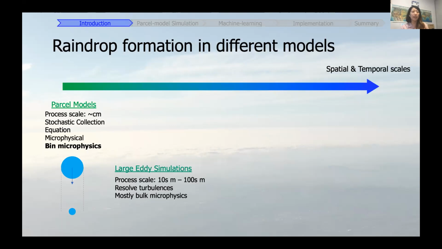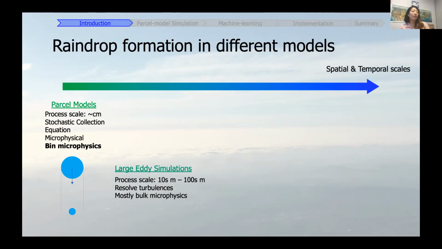And from left to right, I'm increasing the spatial and temporal scales resolved in those models. I'm starting with a parcel model. So I know there are also direct numerical simulations, but today I'm going to be starting with a parcel model. The processes resolved by these models are often on the order of centimeters.